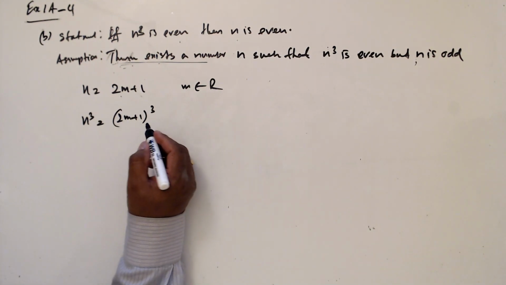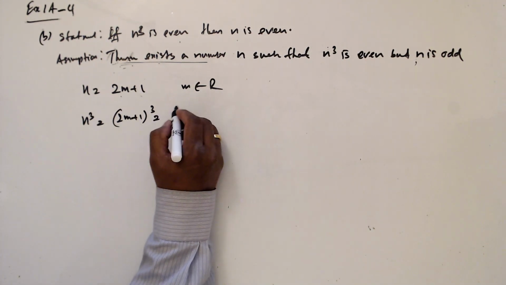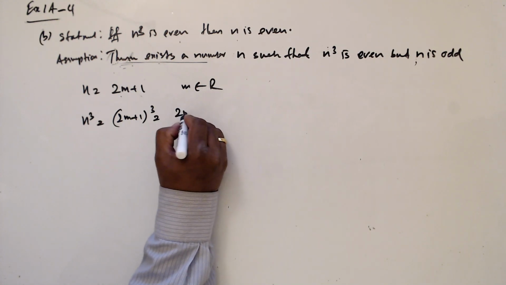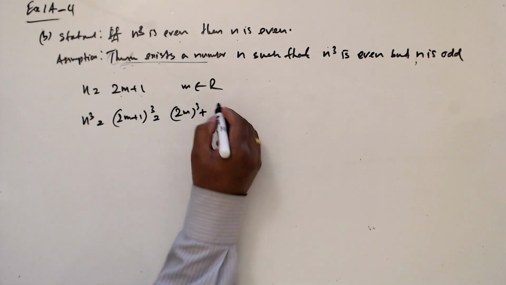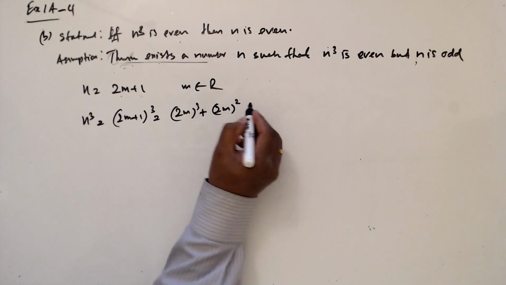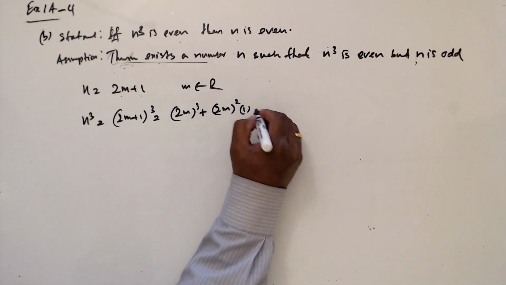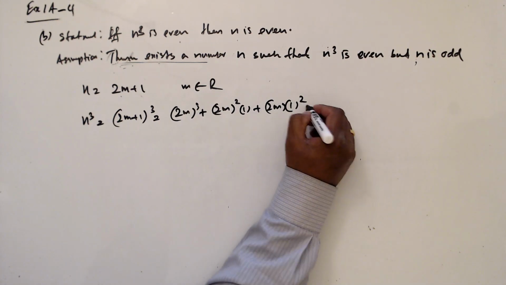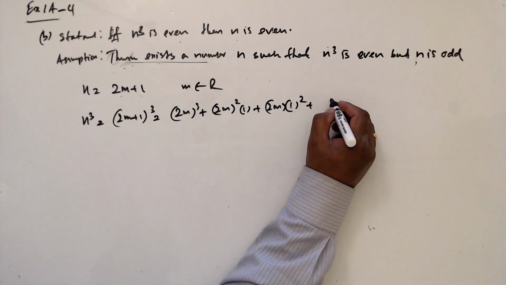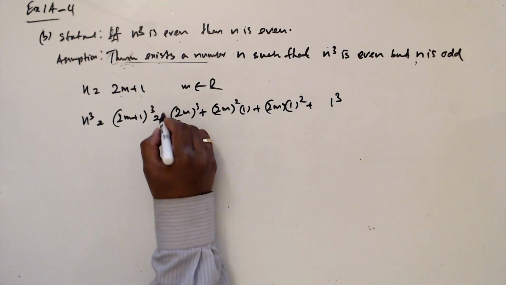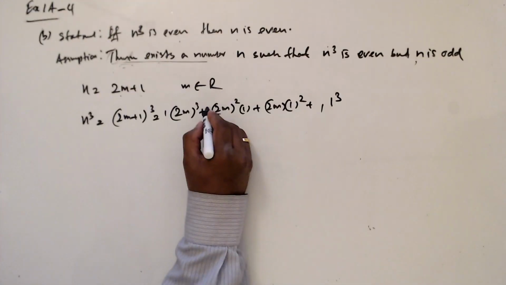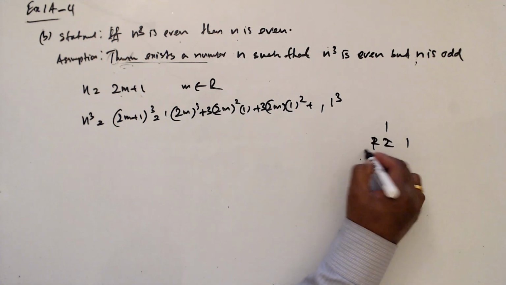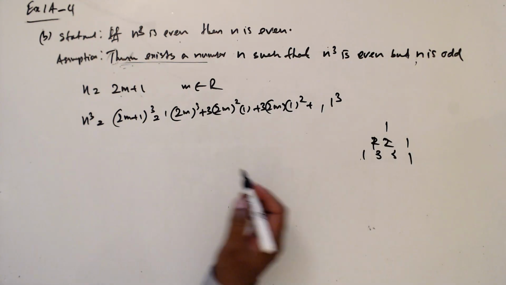You can use the binomial expansion: 2m cubed, then 3 times 2m squared times 1, 3 times 2m times 1 squared, and 1 cubed. Use Pascal's triangle: 1, 3, 3, 1.